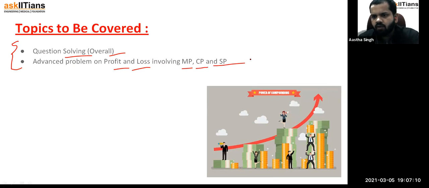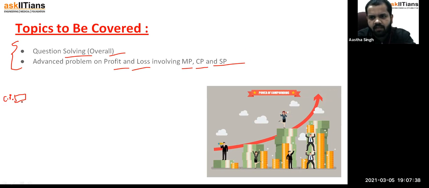Let me give you a brief idea of what cost price, market price, and selling price are, and the formulas we have already studied. Whenever we go to a market and buy any product, it has a certain cost price.